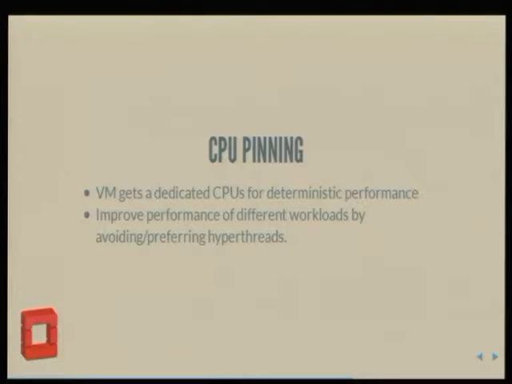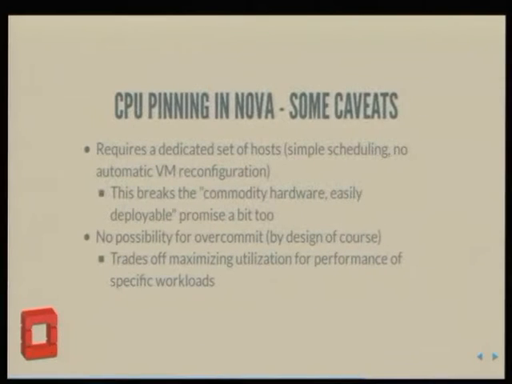Because sometimes you want to prefer being on the same physical core because of better cache utilization. Sometimes you don't, and that's something that's very tricky to properly model in the world of resources that Nova knows about.